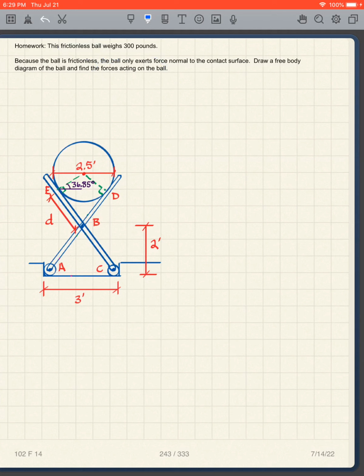So with all of that in mind, I now have all of my angles here that I've learned, and here's what it looks like. I've got my D, and I've got this angle here, and so now what I want you to do is to find the forces acting on the ball. So go ahead and do this problem. Pause the video here and find the forces acting on the ball, given everything that we've figured out at this point.